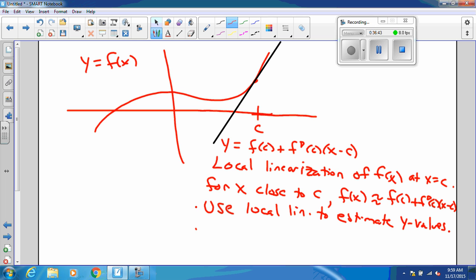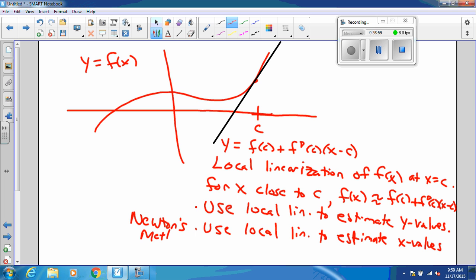And that's what we're going to be talking about today. I can also use the local linearization to estimate x values, and that's what Newton's method is. You say, how is that estimating x values?